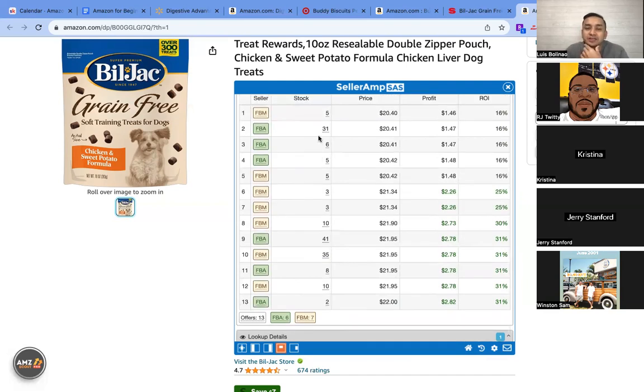The main rule is that the buy box usually goes to the cheapest price. For this instance, they're all pretty close as far as pricing, so I don't really know how the share is going to go. I'm just going to assume I'll be sharing the sales with all these people, up to this point right here.